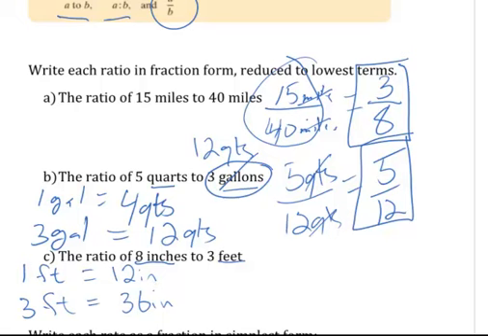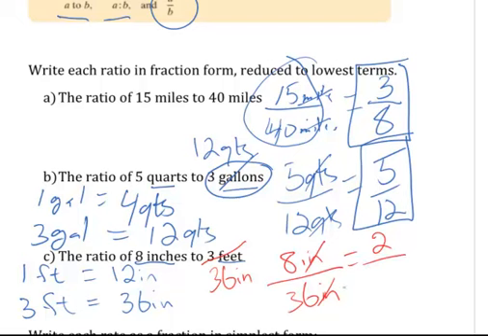So again, I'm going to get a different color pen here. Instead of me thinking about it as 3 feet, I'm going to think about that as 36 inches. So now I have 8 inches over 36 inches. I can go ahead and cancel my units. 8 and 36, I can divide them, say, by 4. 4 goes into 8 2 times. 4 goes into 36 9 times.